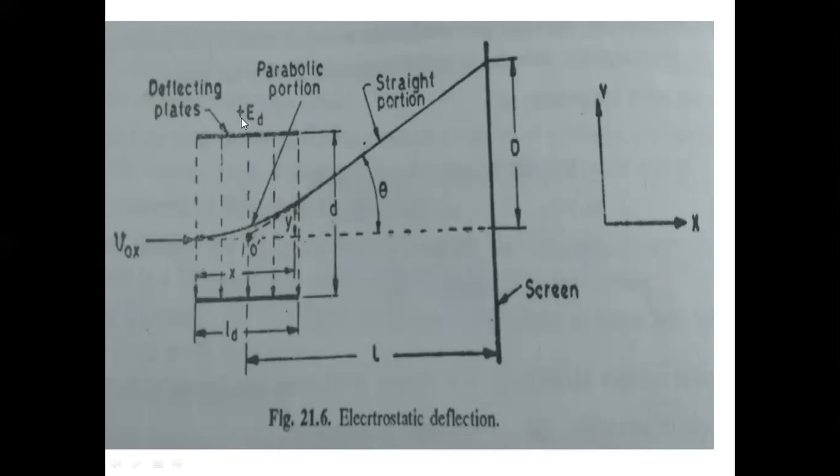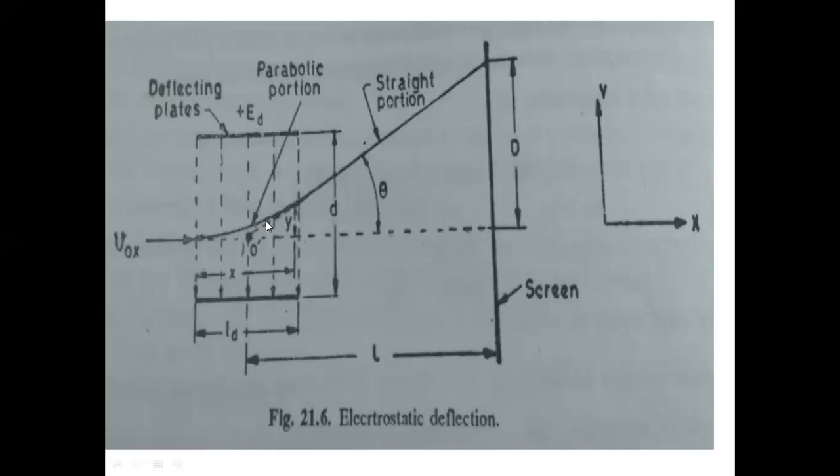If there is no potential, or zero potential, applied on these deflecting plates, the electron beam travels to the center of the screen, like a straight line. Suppose we apply some positive potential on the deflecting plates.